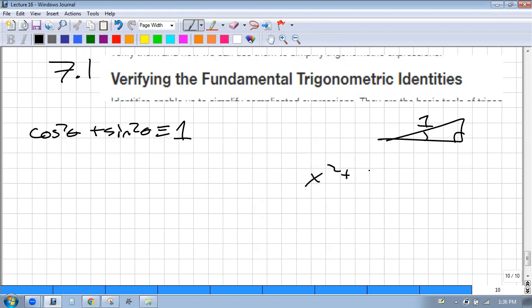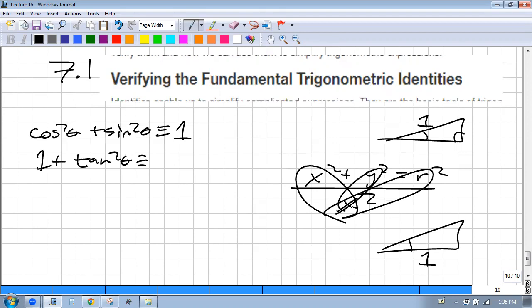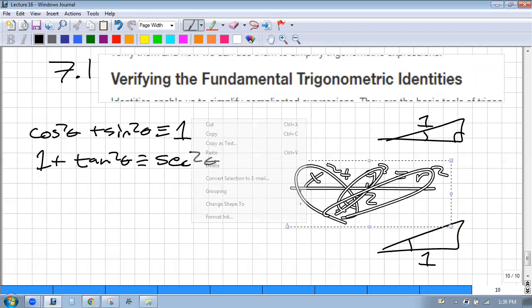Or we could have scaled everything by x, right? Basically, we're saying, make this side 1. See, x over x is 1, y over x is tangent, and then r over x is secant. So that was our second Pythagorean identity.